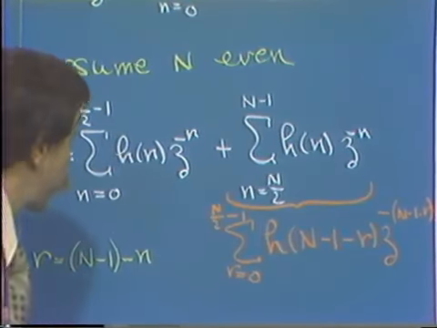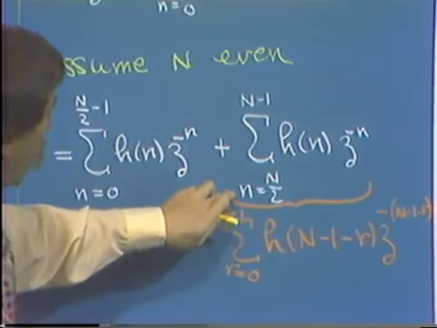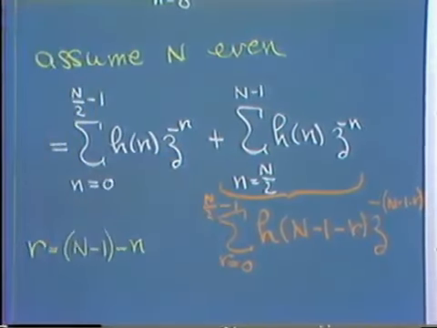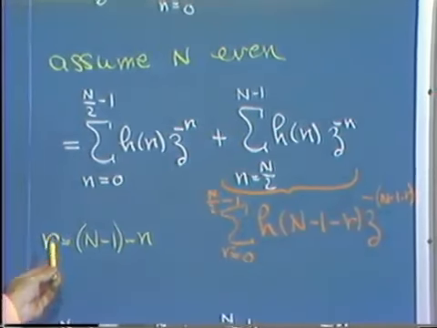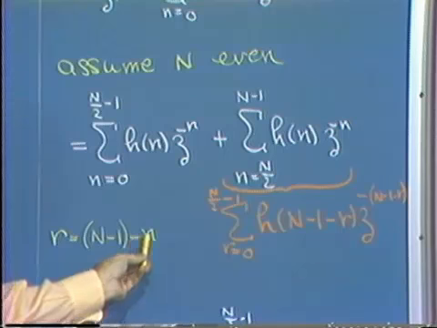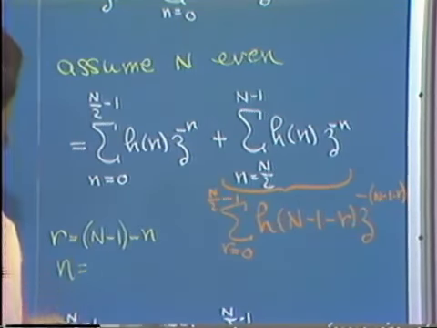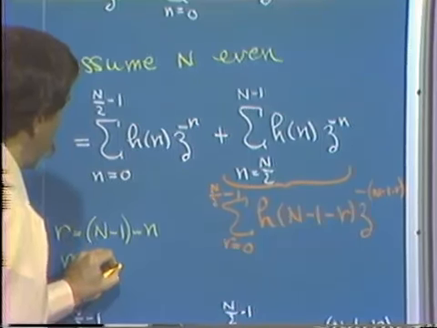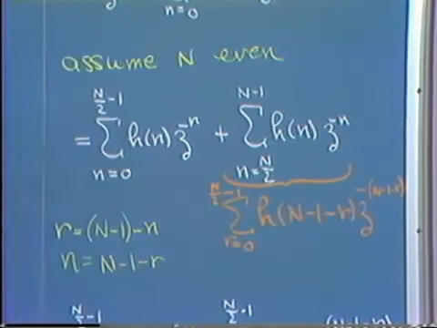Well, to develop that formally, let's manipulate this sum by using a substitution of variables. In particular, let's make the substitution of variables that r is equal to capital N minus 1 minus little n, or equivalently, that little n is equal to capital N minus 1 minus r.